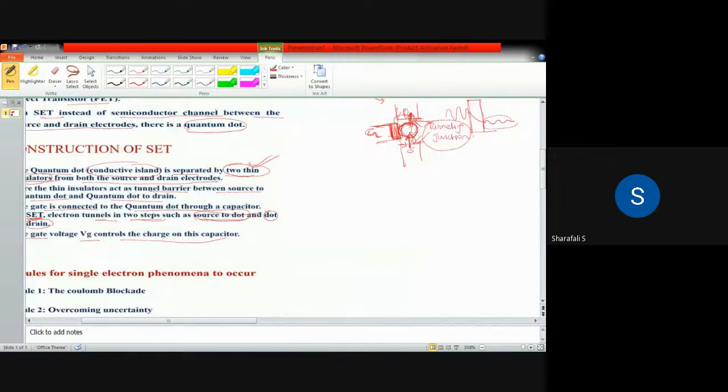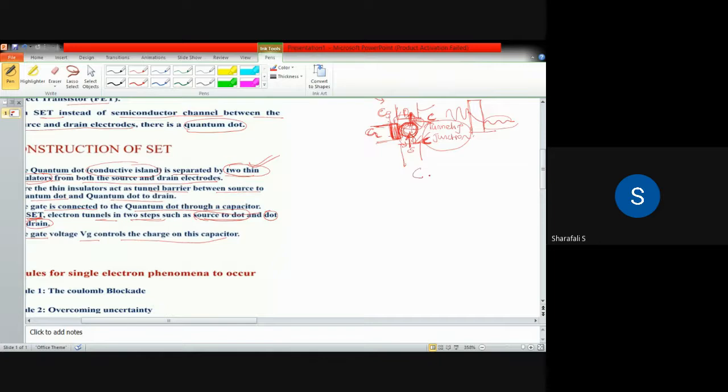If you are considering some charge here, and this quantum dot is also having charge, then two charges separated by an insulating layer are going to make a capacitor here. Here also we will be having some capacitance, and here we are having the capacitor that is connected to the gate.